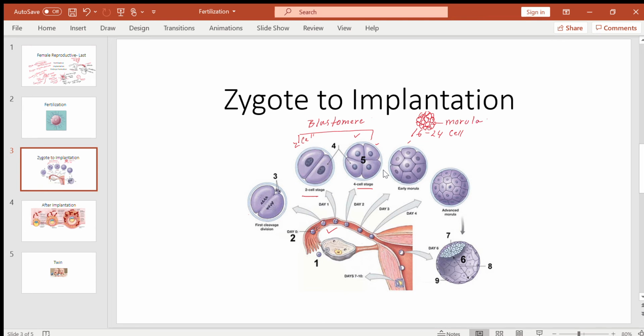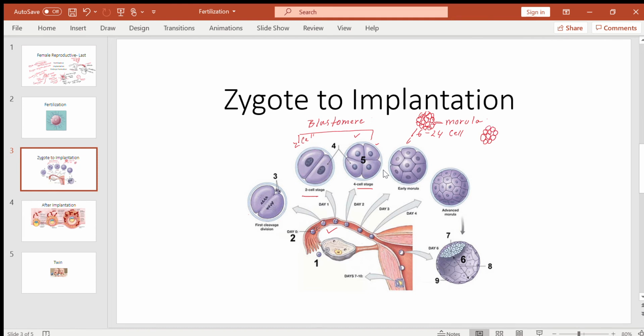Okay, so it's like a mulberry shaped structure, morula. Then what will happen next? This is the early morula. Then you'll get advanced morula.